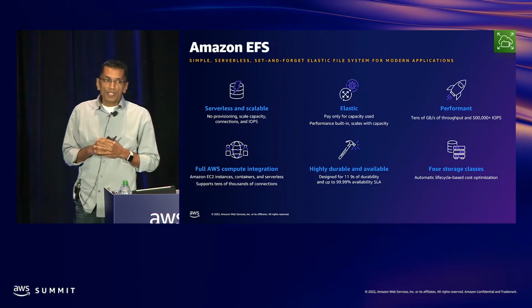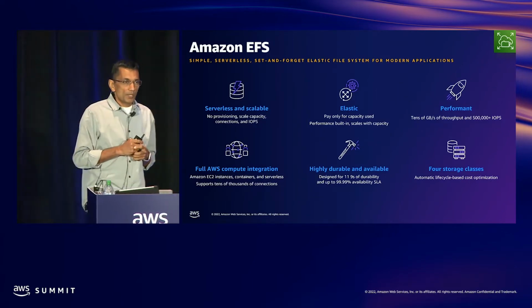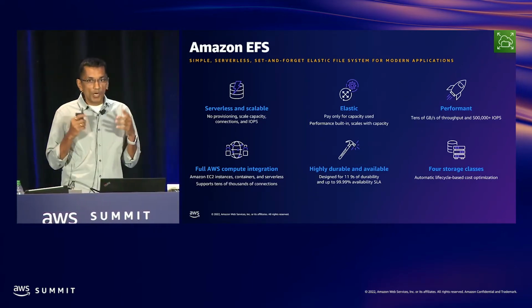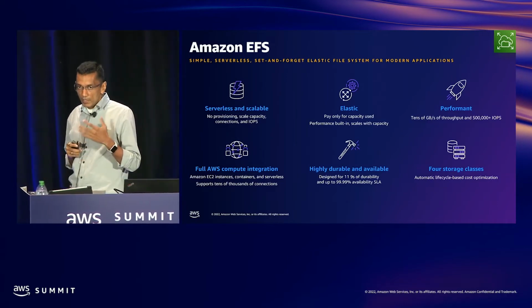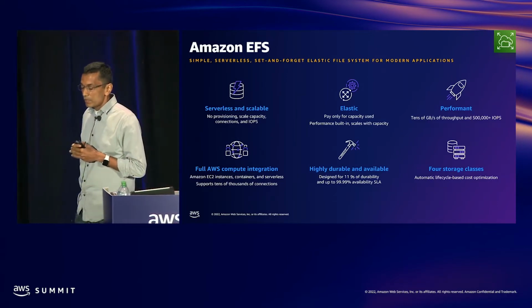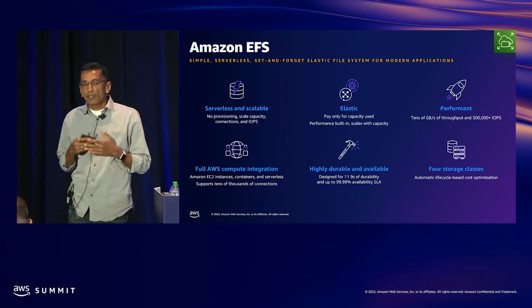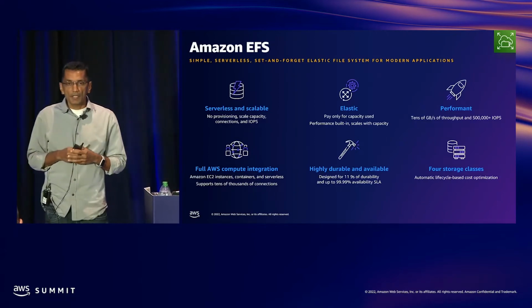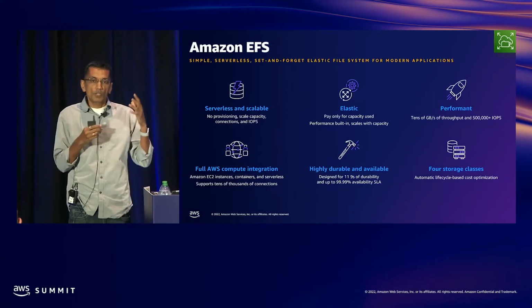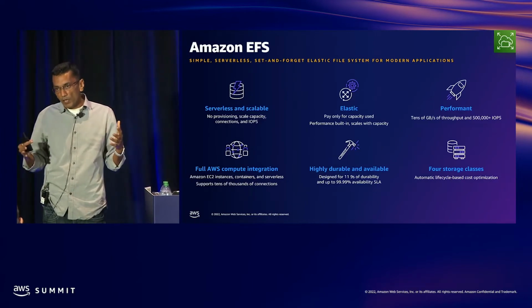Last but not least is about the durability aspect, in terms of it provides 11 nines of durability and 4 nines for the availability aspect of the SLA. And this is very critical because in EFS there are 4 storage classes, and there are classes called standard and standard infrequent access.